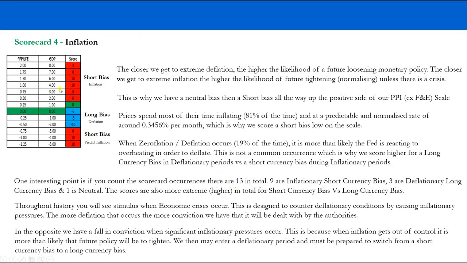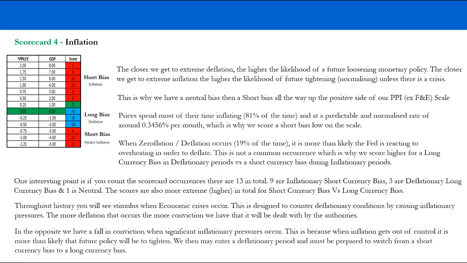So keeping an eye on our scorecard on the left as we go through things, the closer we're going to get to extreme deflation, so this area here, the higher the likelihood of a future loosening monetary policy. And the closer we get to extreme inflation, the higher the likelihood of future tightening or normalizing, unless, of course, there's a significant crisis, and this must continue.